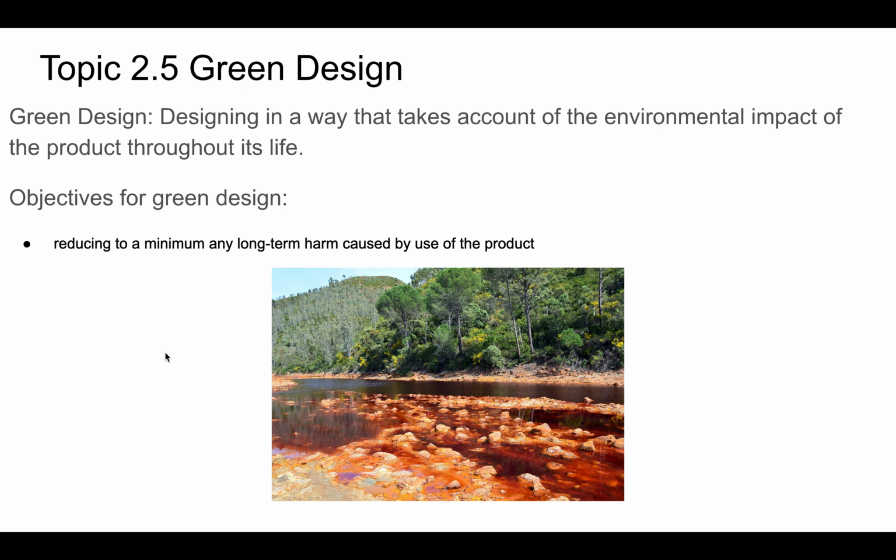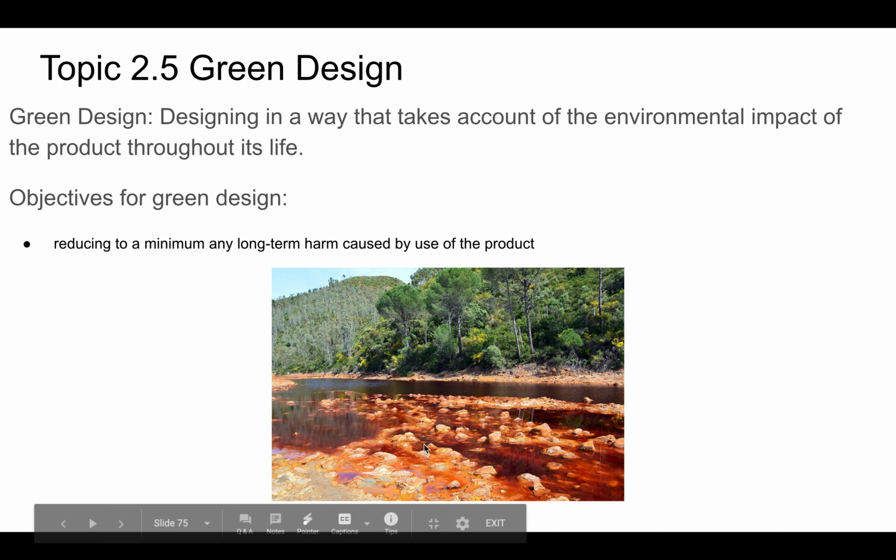All right, another objective for green design is reducing the long-term harm of a product. Throughout a product's life cycle, there's going to be harm that's done, and what we want to do is just make sure that long-term harm is not something that lasts long. This is the example here in this picture.